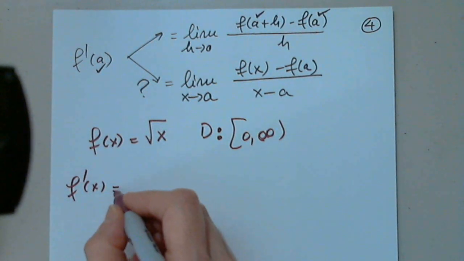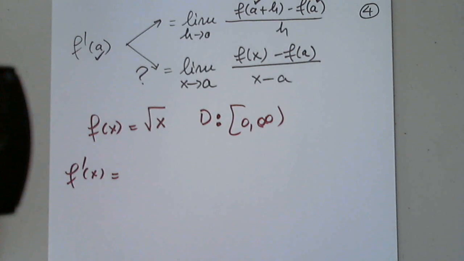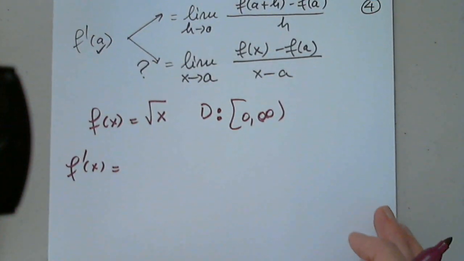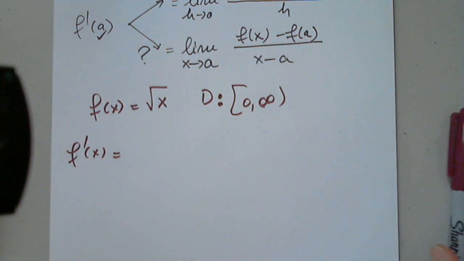Good. So can anyone dictate the first step for finding the derivative using the definition? Can anyone get us started? Square root of x plus h.